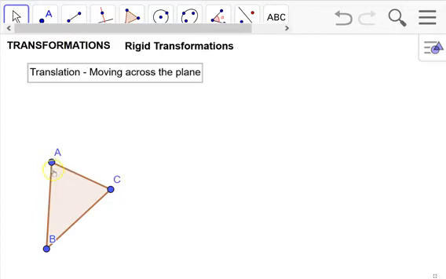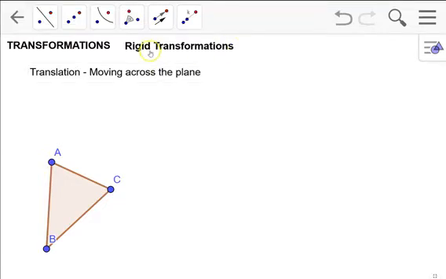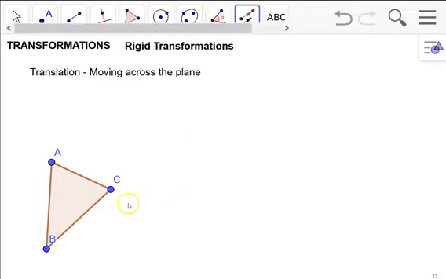So in this example here, what I'm going to do is translate triangle ABC along the directed line segment AC. So in order to do that, I would have to use my translation tool, which is the arrows here where it shows you translating a point. So I'm going to translate this triangle from A to C.